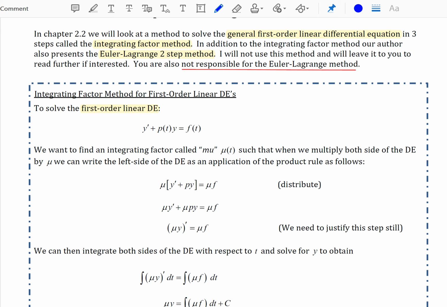Remember, if f of t is 0, then our dE is homogeneous. If not, the dE is non-homogeneous.